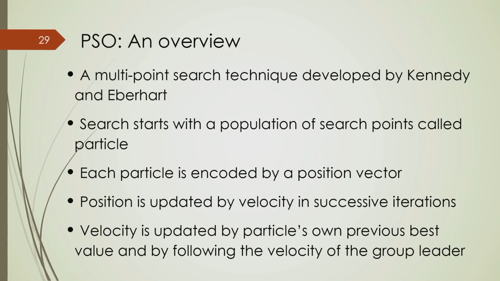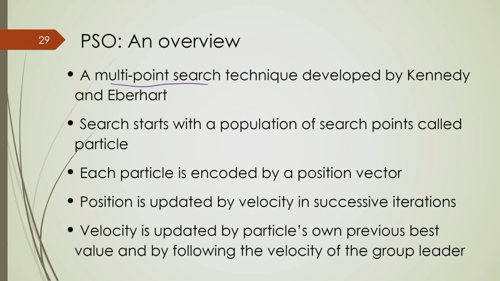Now, how does PSO work? PSO is a population based algorithm, which means it is a multi point search technique. Basically, iterative algorithms can be classified into two types. One is the point to point search technique, where you start with an initial guess and then update it in the next iteration.